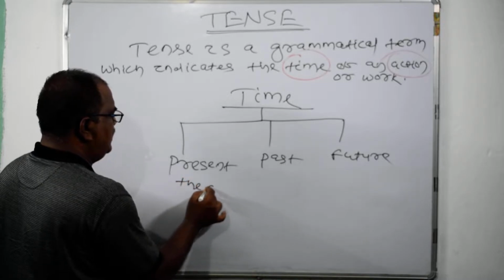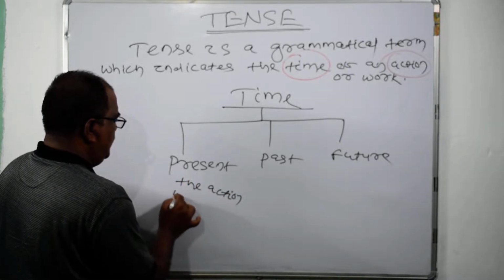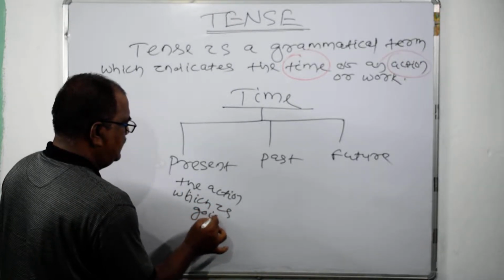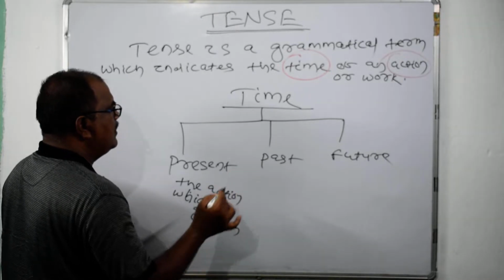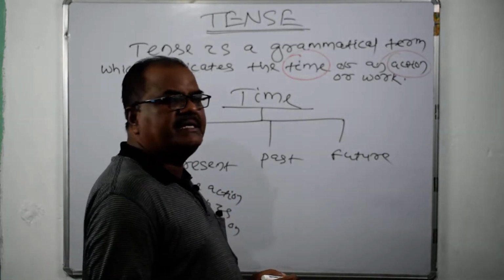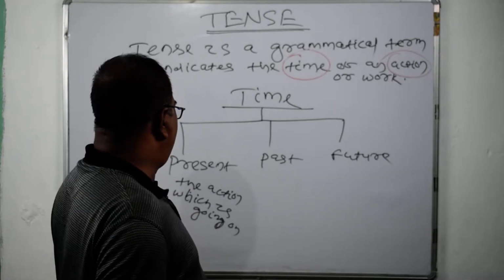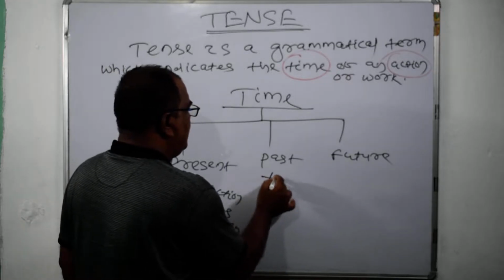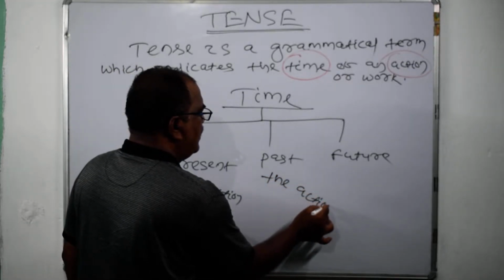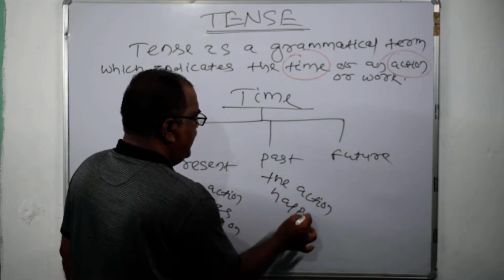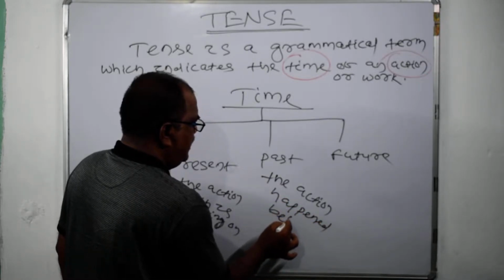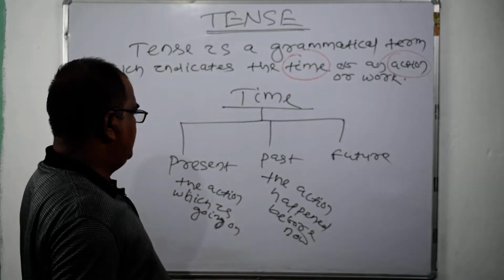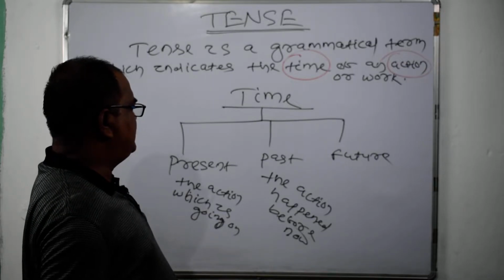The action which is going on is known as the present action, and the action that happened before now is known as the action of the past time.